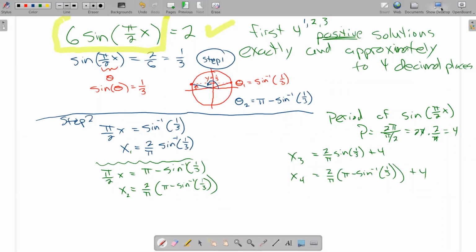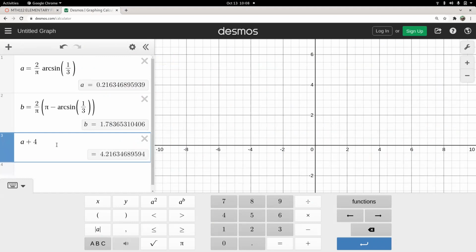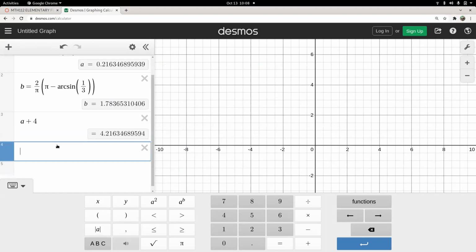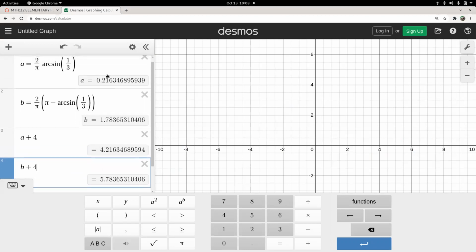So the next solution down the road should be solution A plus 4, so about 4.2-ish. And the one after that should be solution B plus 4, so that would be about 5.8-ish. So my first 4 positive solutions ought to be about 0.2, 1.8, 4.2, and 5.8.